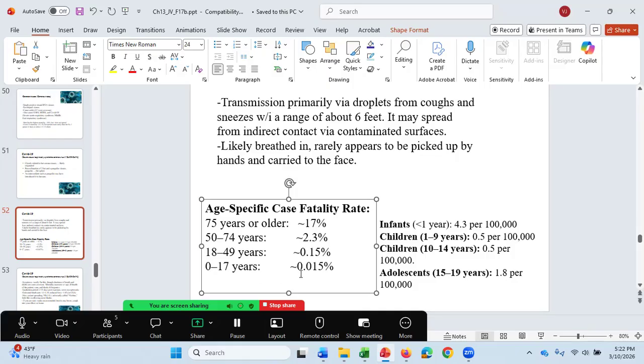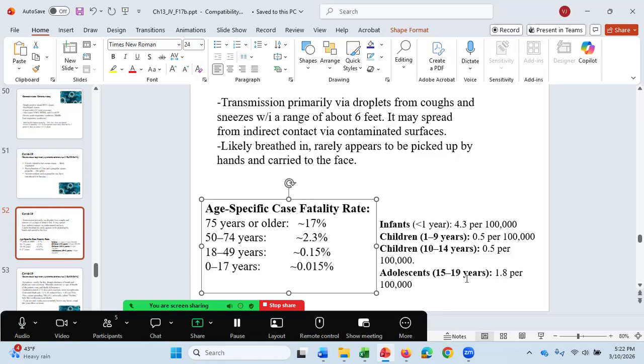It's 0.015%. Now, it is true that below age 1, especially newborns, this rate increases, but it's only about 4.3% in infants, meaning children less than 1 year. And this is almost all among newborns, by the way.